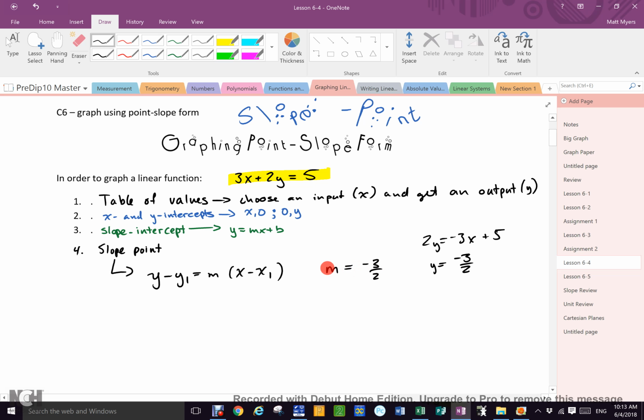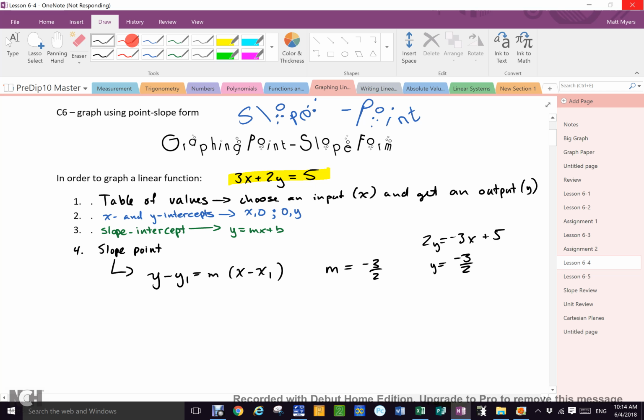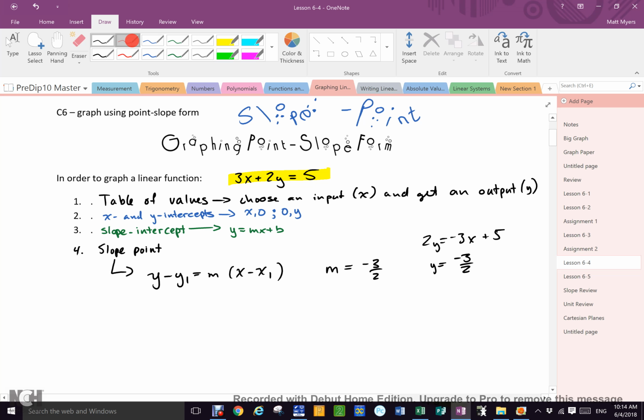So where could I put that in this equation? That would be m. So I'm going to rewrite it with an m: y minus y1 equals negative 3/2 times x minus x1. Everybody cool with that one, yeah?